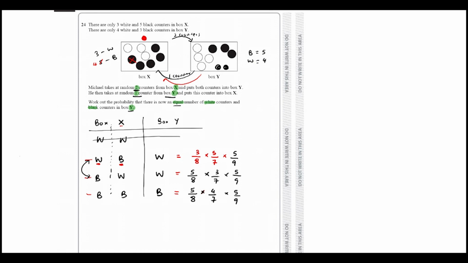Now what you do is, you add all the probabilities of all these 3 paths, and you will end up getting 125 over 252. So this is going to be your final answer.